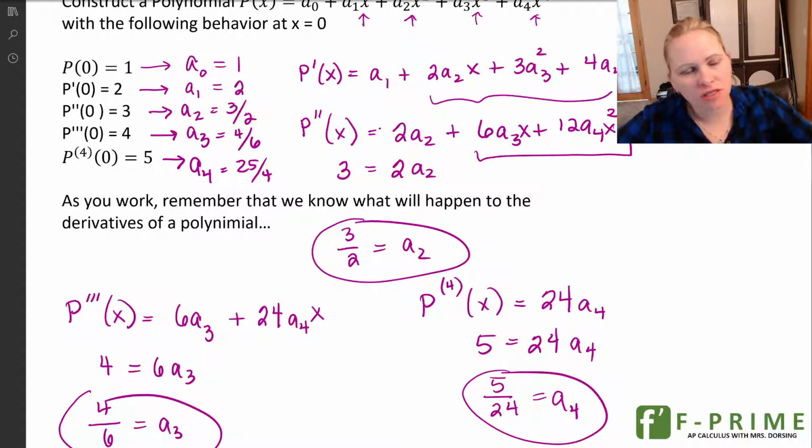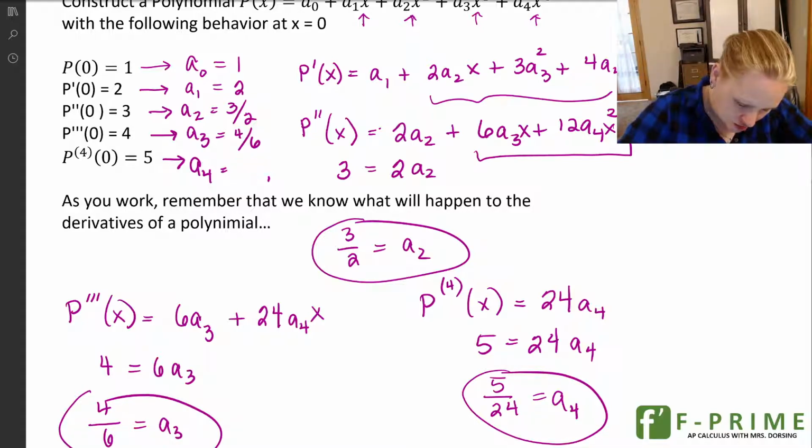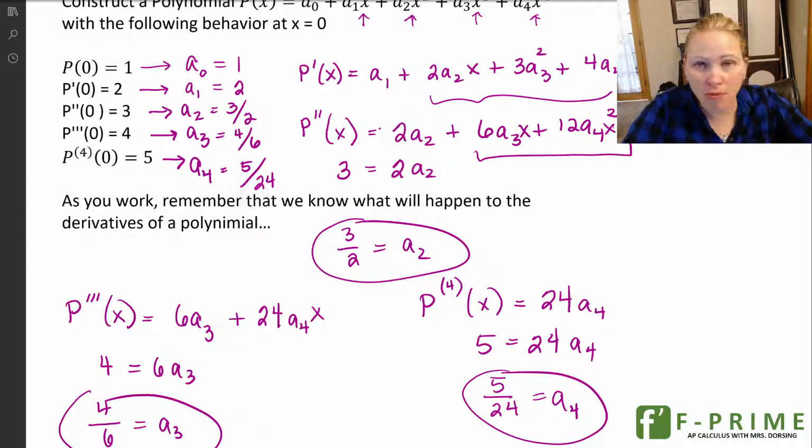Now, you'll see that as we did each derivative, that constant in front of the a3 or the a4 was being multiplied by the exponent each time. So you couldn't just jump in and say, oh, the coefficients are 1, 2, 3, 4, 5. No, the coefficients are involved with the answer here. Whoops, and I rewrote that wrong. 5/24. But you'll notice 1, 2, 3, and 4 do show up there, but we're always dividing by that constant.